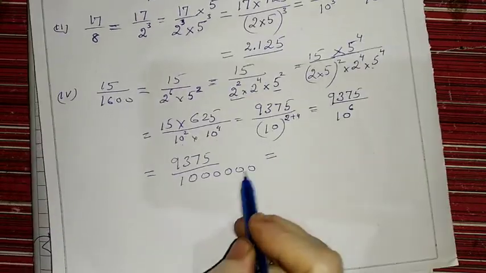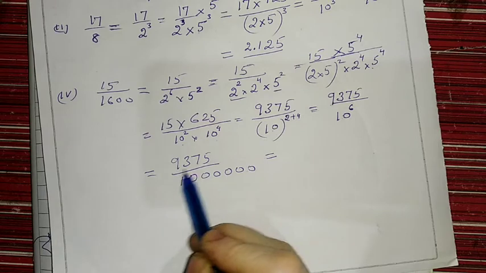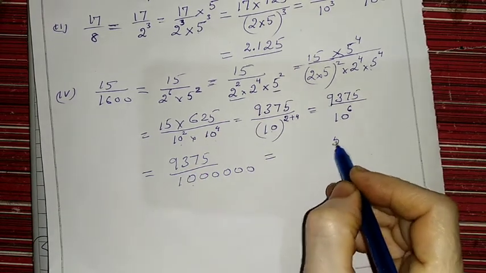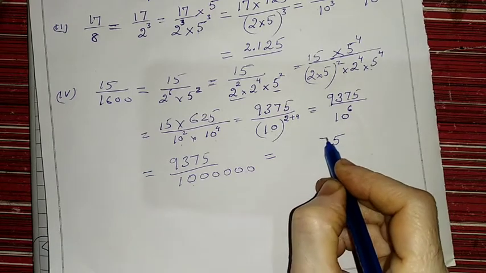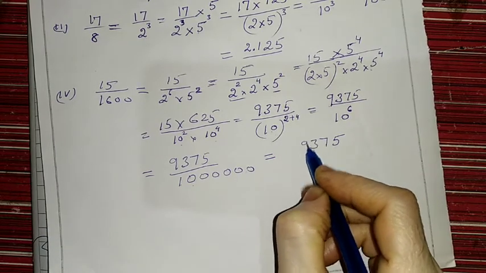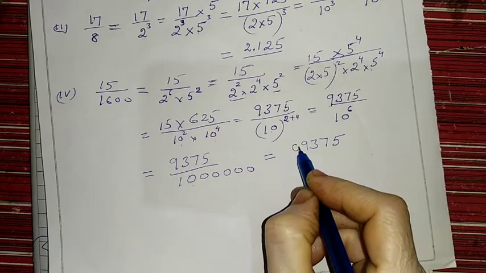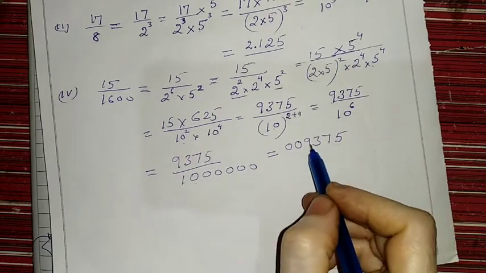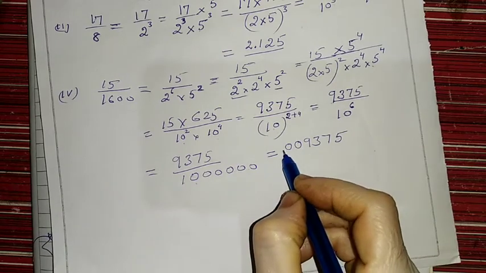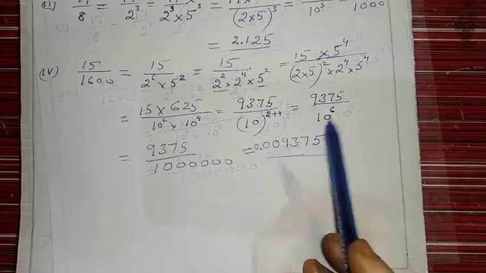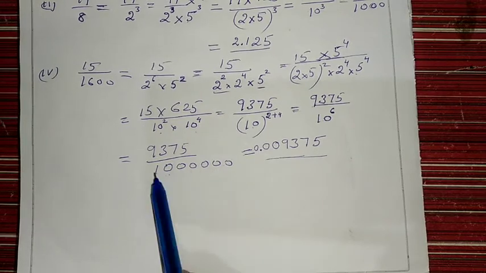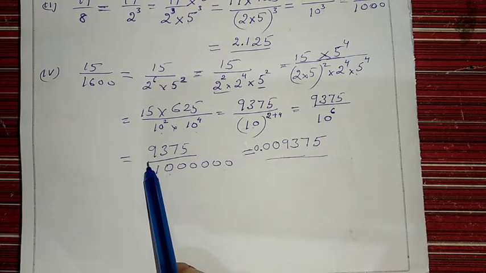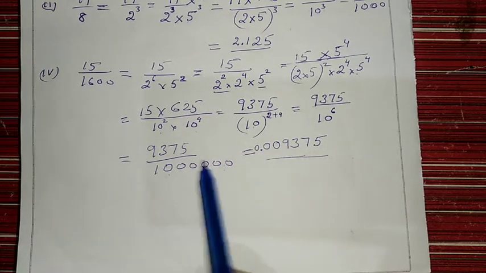Now 6 zeros are given, that's why the decimal will be after 6 digits. Only 4 digits are given, 9375, so make it 6 digits by adding 0s. 10 to the power 6 is equal to 1 and 6 zeros.